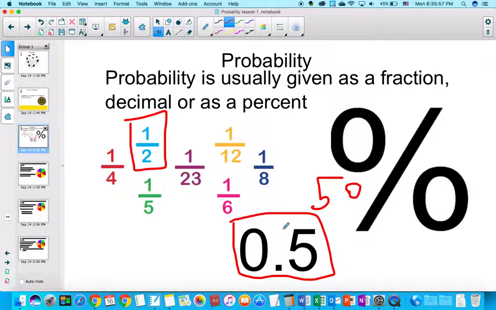So probability is usually given as one of these three. Now typically it's percentages, and sometimes it's fractions. Not so often you'll see decimals and whole numbers, but you can see these numbers show up on a test or on a question.